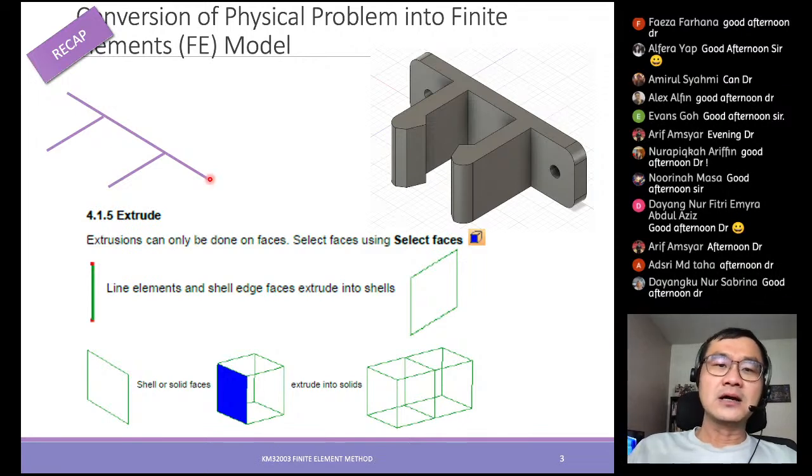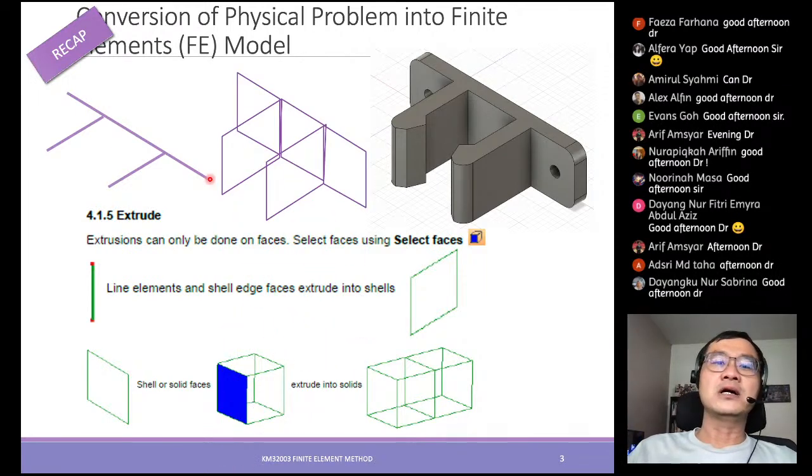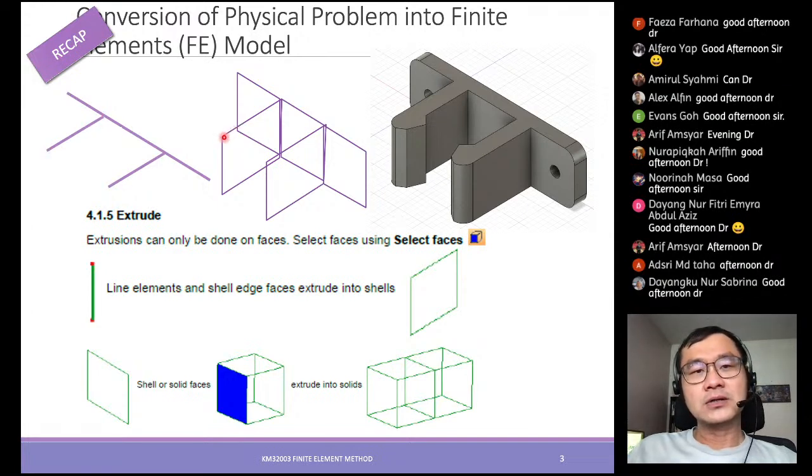On top of that, now we move into what we call a shell problem, a two-dimensional element problem. Instead of using a one-dimensional element like a beam, we can also use what we call a shell element or two-dimensional element.